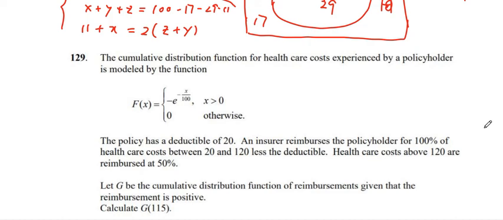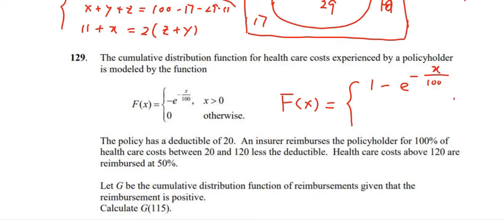Okay, so for this problem, the cumulative function f(x) should be 1 minus e to the negative x over 100.